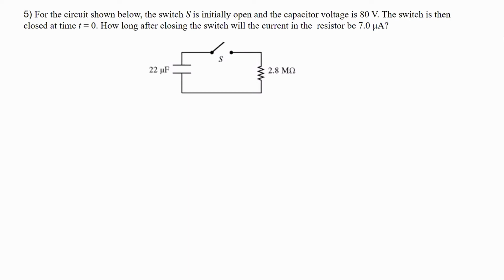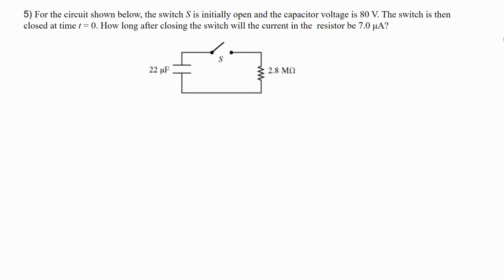Remember, when we first close it, that's when the current will be at its maximum, because that's the point at which there's a maximum voltage across the capacitor. You can think of these as in parallel if you like, in a given instance, and so the voltage across the capacitor must equal that across the resistor.